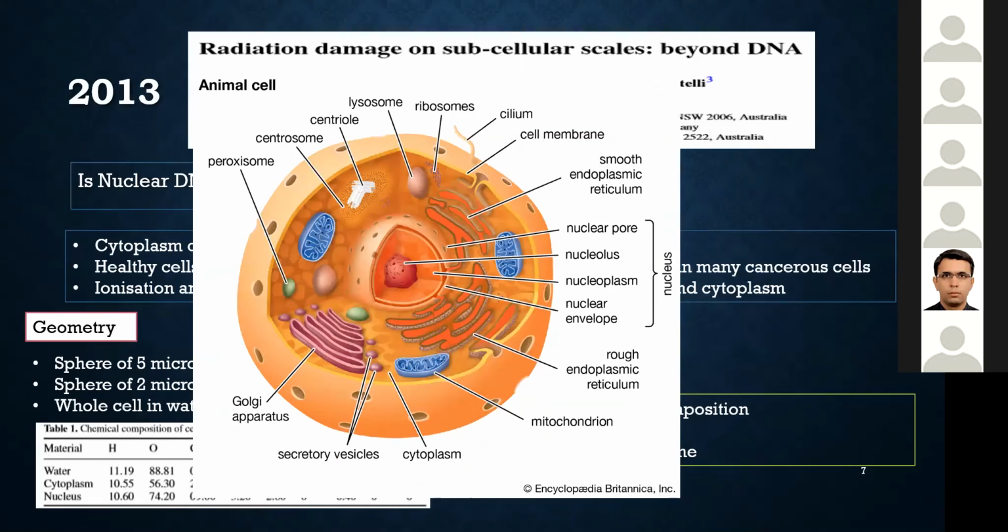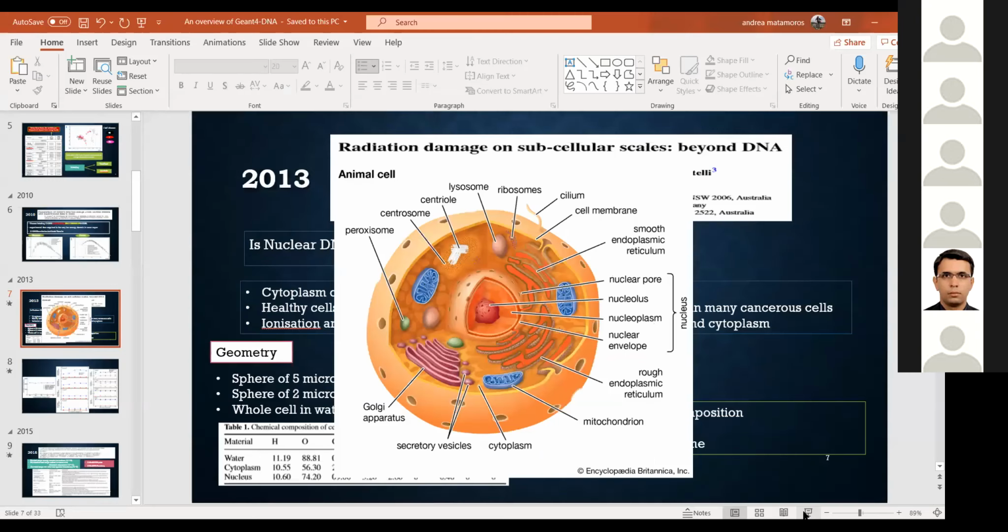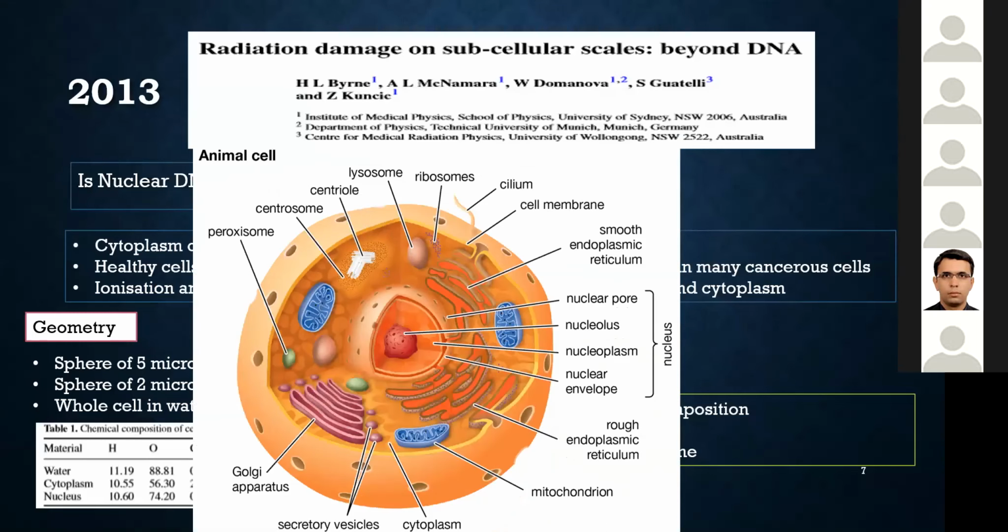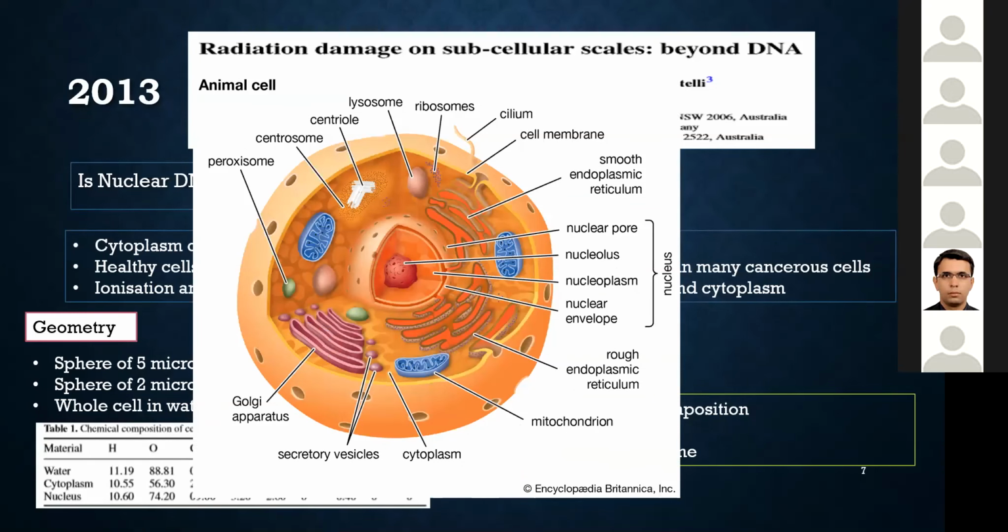We know that the DNA is in the nucleus of the cell, but we also have the cytoplasm, which can be affected by the radiation. So with this simulation, we are trying to see how much the cytoplasm can be affected.